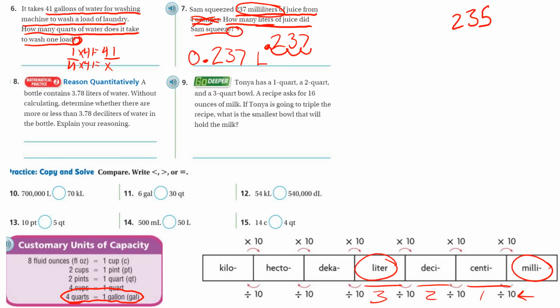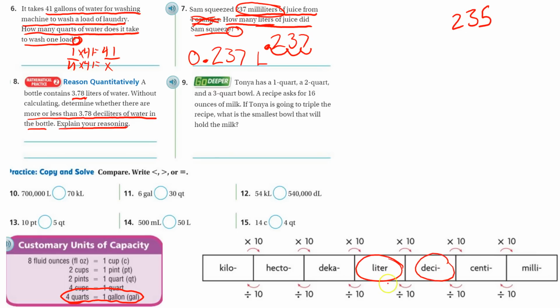All right, number 8: a bottle contains 3.78 liters of water. Without calculating, determine whether there are more or less than 3.78 deciliters of water in the bottle. Explain your reasoning. Well, we can see down here we're going from liters to deciliters.